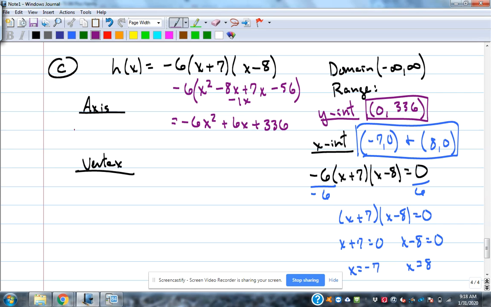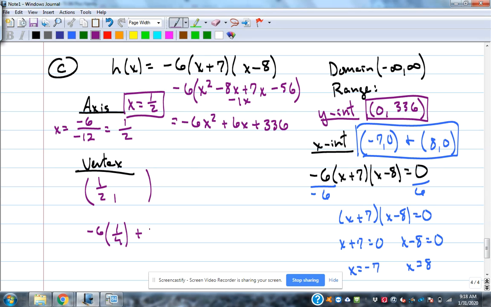Axis of symmetry, negative b over 2a: negative 6 over negative 12, that's 1/2. So my vertex is at 1/2, something. I need to plug in 1/2 for that. So 1/2 squared is 1/4. So that'd be negative 6 times 1/4 plus 3 plus 336.